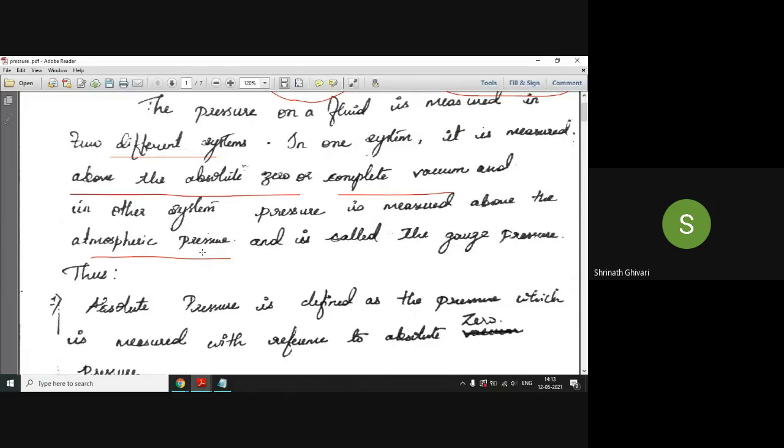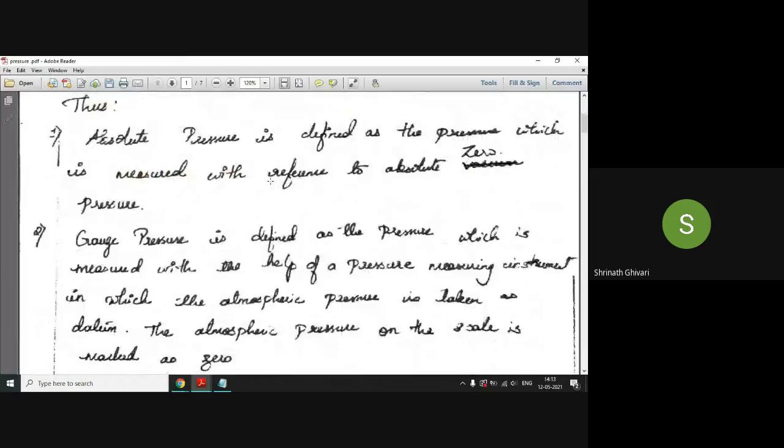The pressure measured above the atmospheric pressure is called the gauge pressure, and the pressure measured below the atmospheric pressure is known as vacuum pressure. So first we will take the definitions. Is it clear?